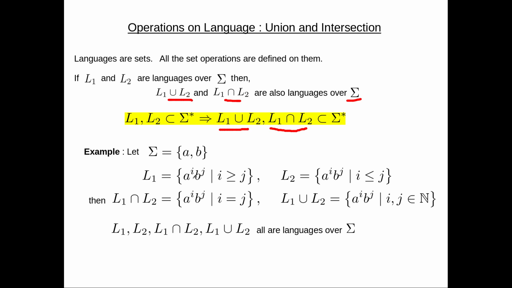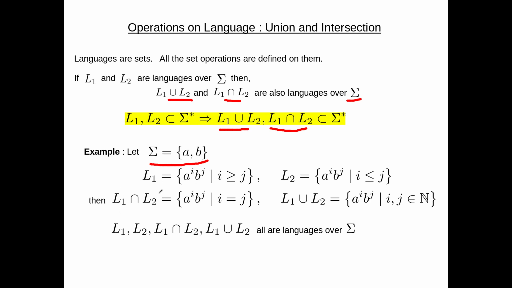Again, an example. We take this alphabet containing 2 symbols, and L1 is a^i b^j, with i greater than or equal to j, and similarly L2 is a^i b^j, where i is less than or equal to j.